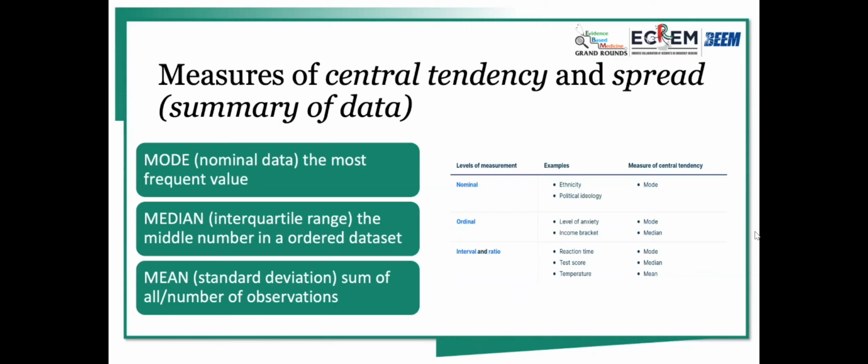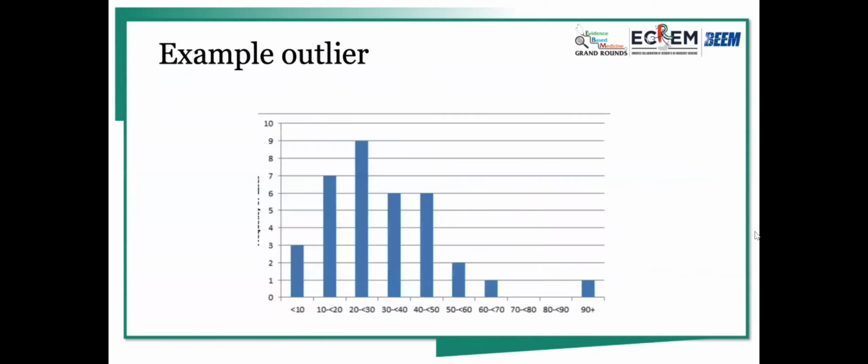And just to illustrate this quickly, I have a data set here that basically represents age of patrons at a restaurant, for example. And if we remove this gentleman here who is 90 plus, we have almost a normal distribution here.